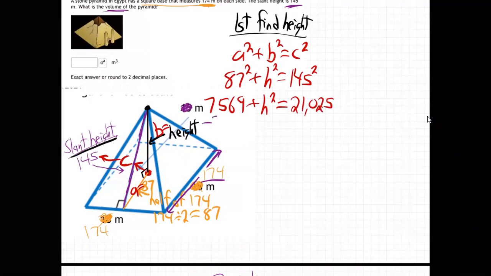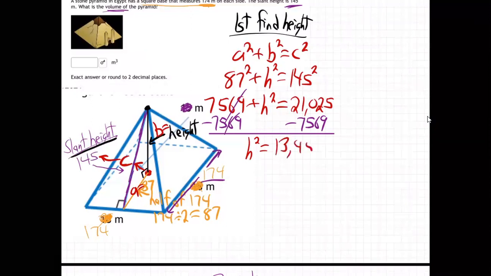Then we subtract 7569. So h squared equals 13,456, and then we take the square root. The height of that pyramid, I'm getting 116, and it came out clean. So there's the height of the pyramid. That's all the first step.